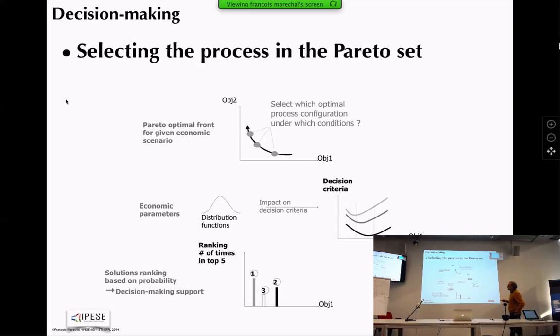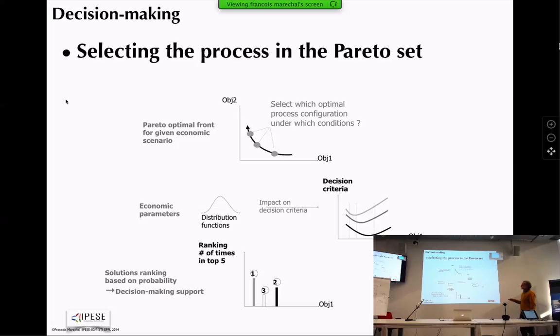So it means that I will have distribution functions for the cost of electricity, the cost of wood, the cost of gas, the cost of my equipment as well. Now I'm going to consider this, which means also that if I'm taking these points and then recalculating, the place where the optimum is with the economical conditions will be different.